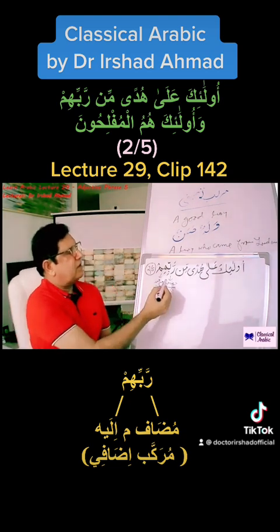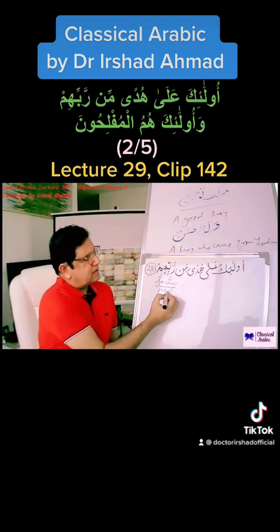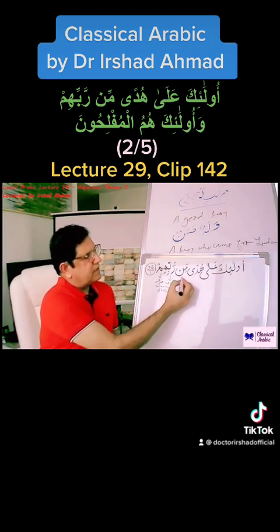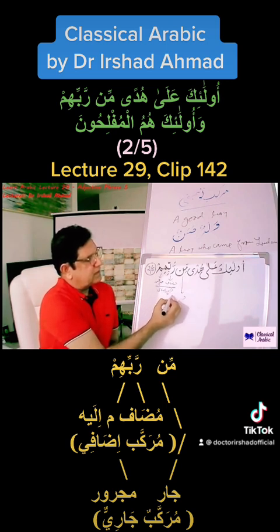Okay, so we already have a phrase. This phrase or murakkab is preceded by harf jar, and this becomes majroor for this jar. So the whole of the phrase is ism majroor.